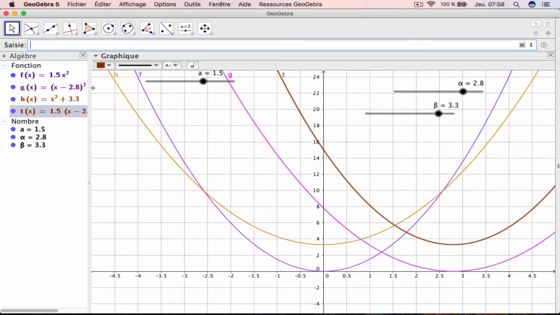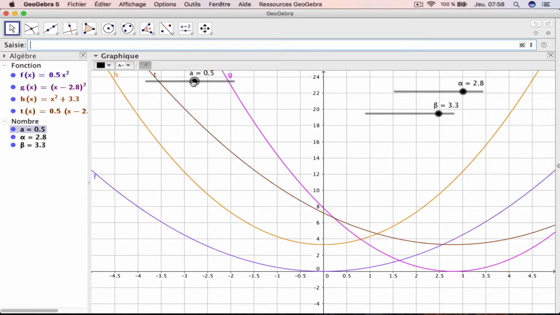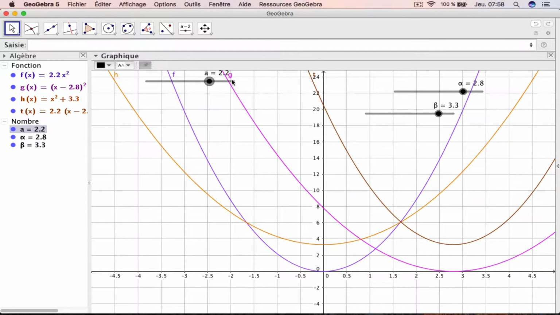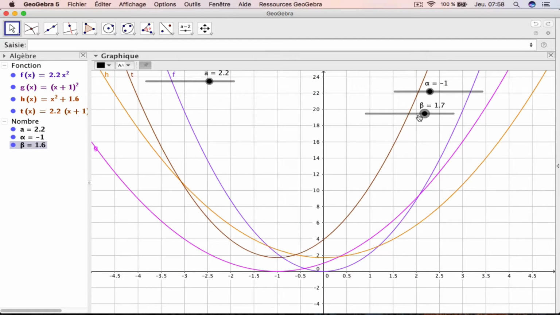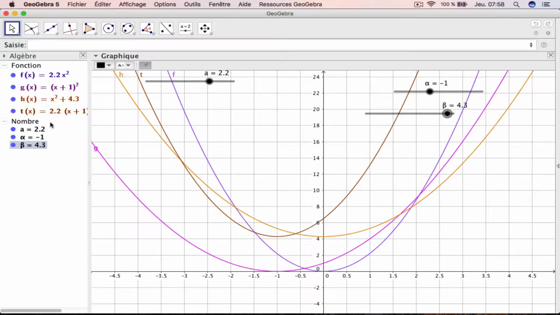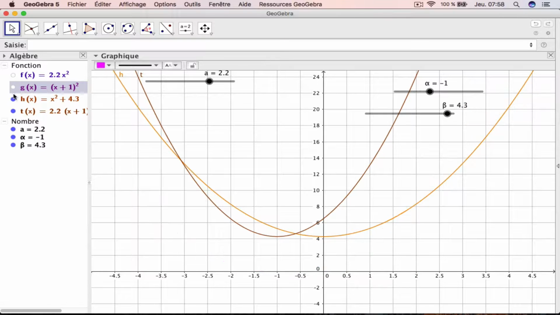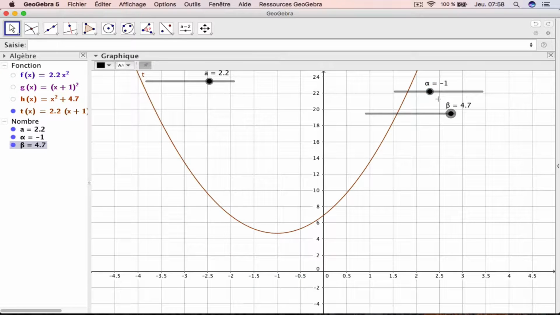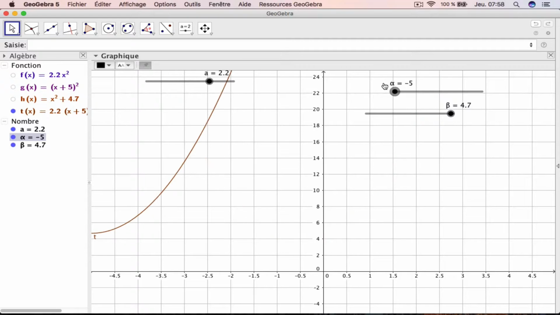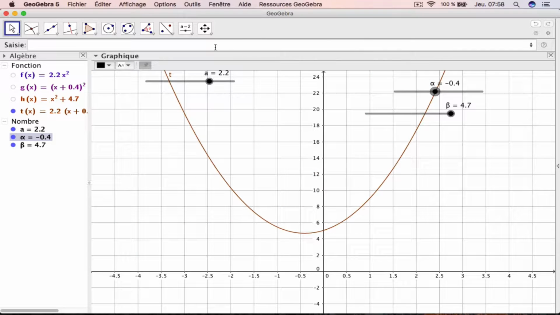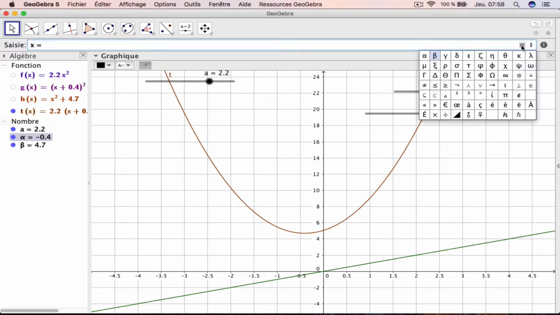Okay, so now we can change this, and we can change this, and we can change this. We don't need to see other functions, let's just write this. Okay, so now we can observe that this is a symmetrical axis.